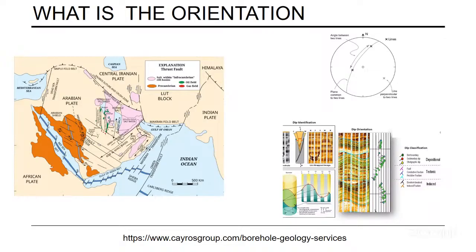And to have the right kind of understanding, we have to understand the regional tectonics, whether you are in a normal, thrust, or shear zone, or whatever the stress regime is, but also in which direction the stress regime is.